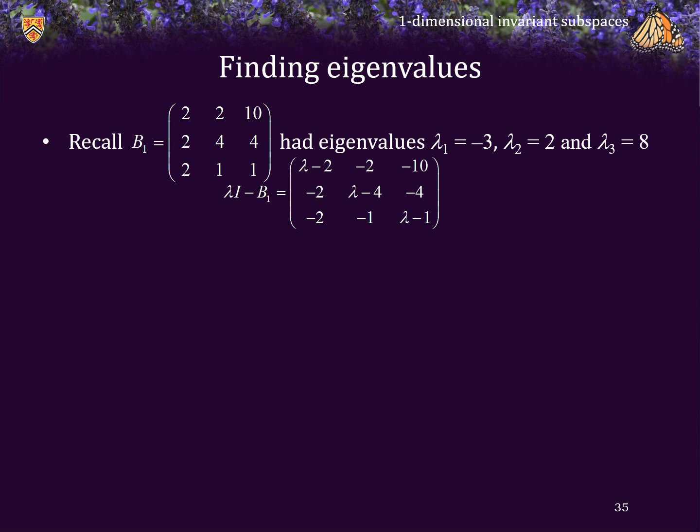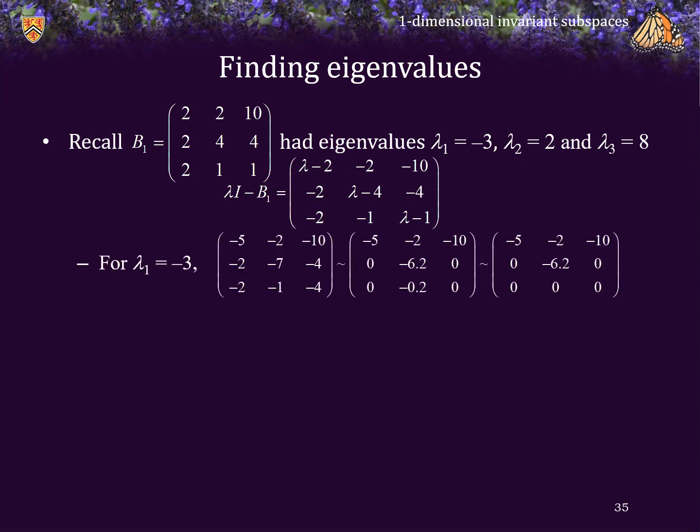And we're not going to bother with the augmented matrix because we're solving the homogeneous system anyway. So keeping that in mind, when lambda 1 equal to -3 is substituted into that matrix, we get the matrix that we see there: -5, -2, -10, -2, -7, -4, -2, -1, -4.